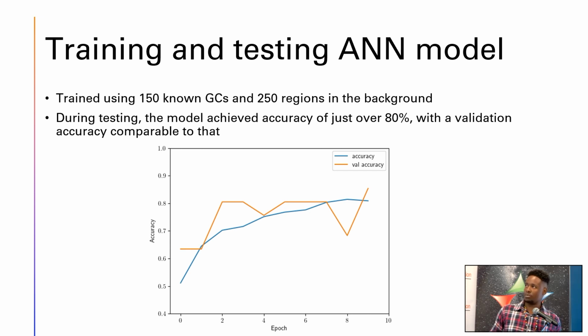But that's understandable when you consider that the training sets, which means 150 known globular clusters and 250 just random regions in the background, are a very, very small sample of data with which one can actually work to train a neural network appropriately. But even then, we were still able to achieve these kinds of accuracies.